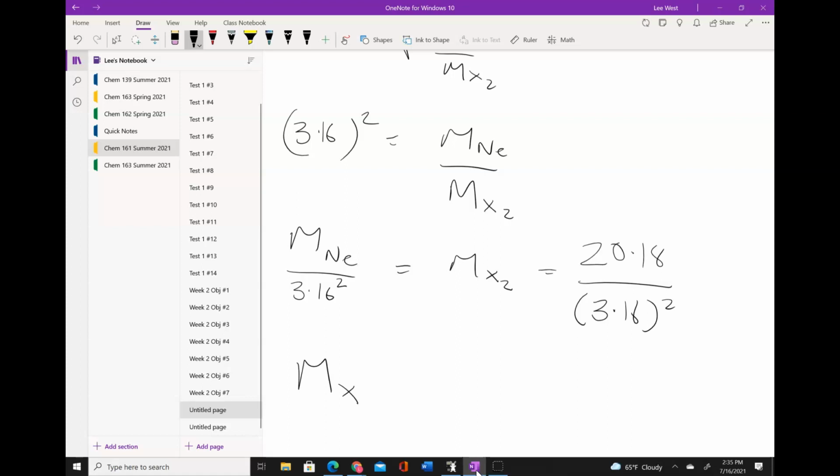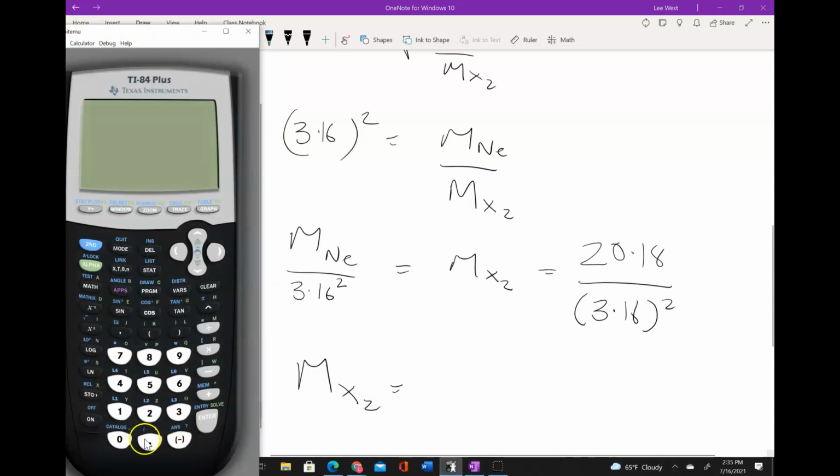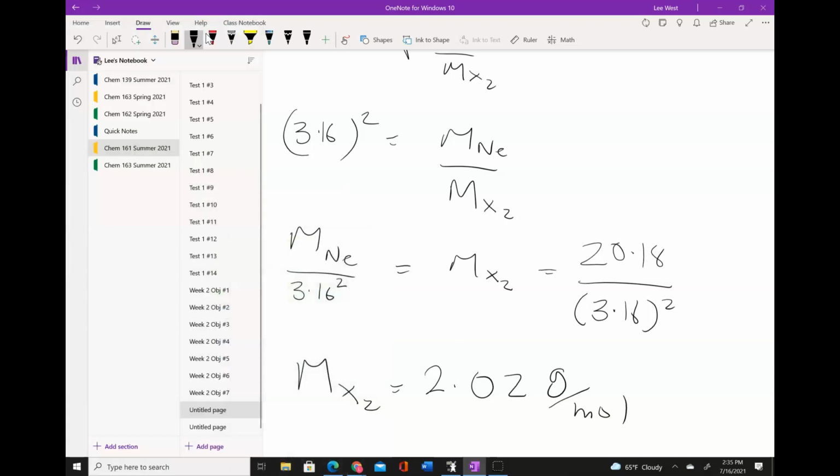So the molar mass of my unknown gas is, turn the calculator on, that always helps, 20.18 divided by 3.16 squared. And it is 2.02 grams per mole.